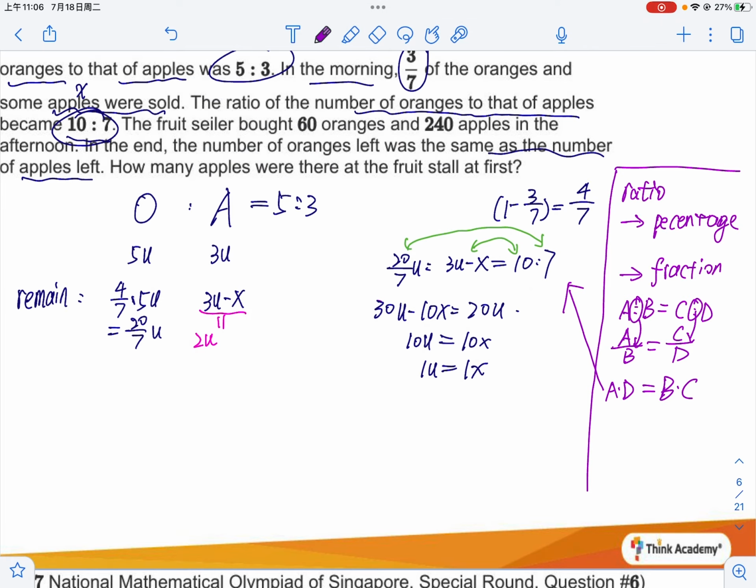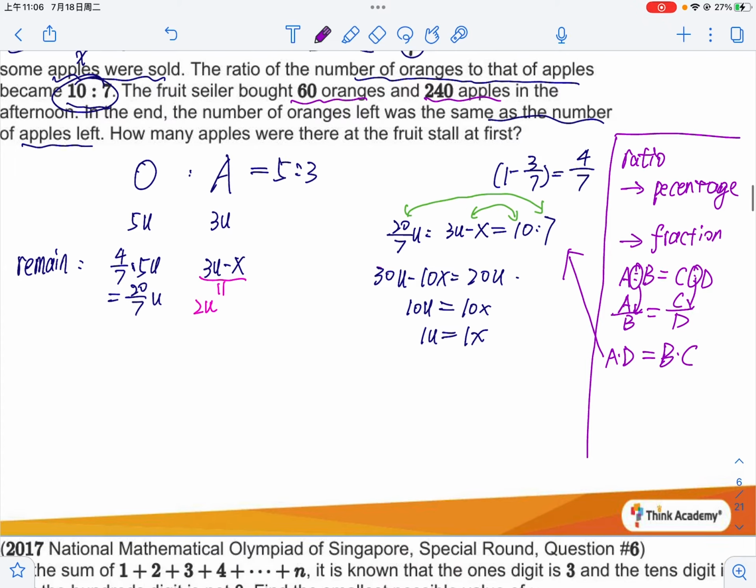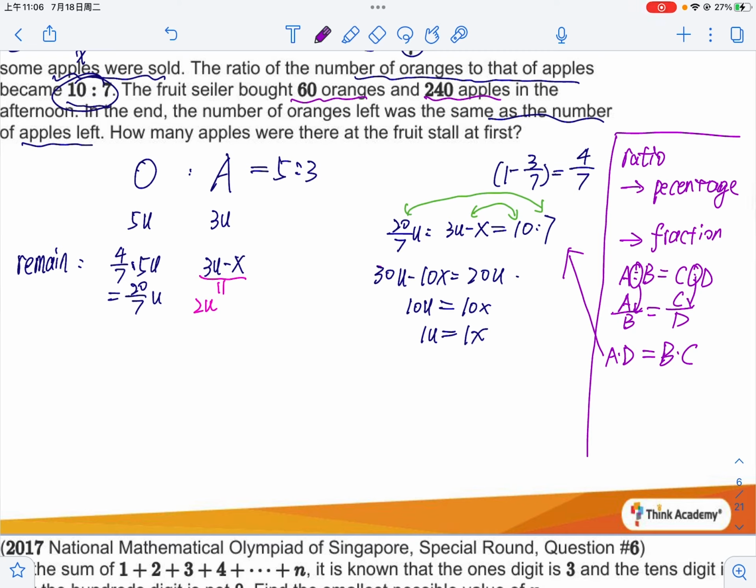After that, we know that the fruit seller bought 60 oranges and 240 apples in the afternoon. So we can write another equation.